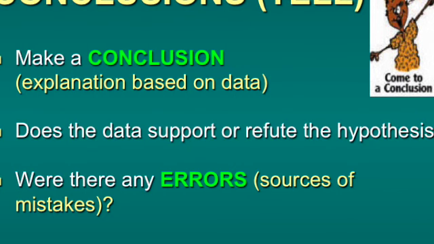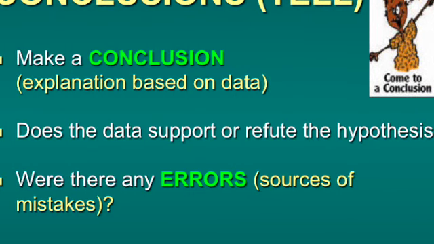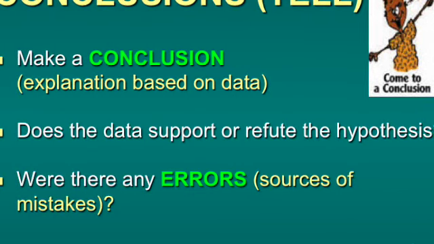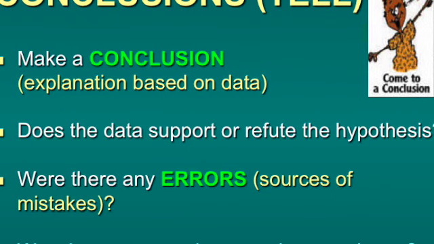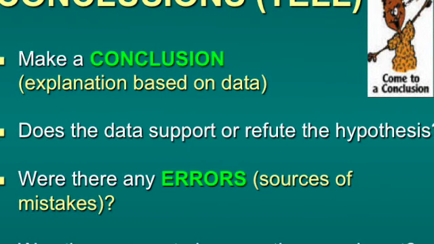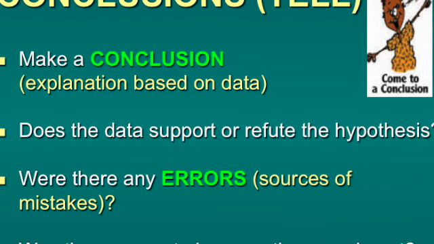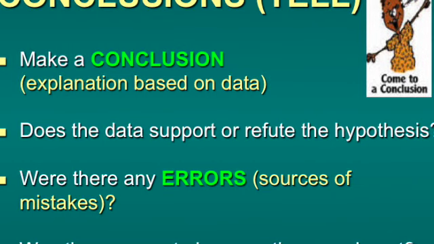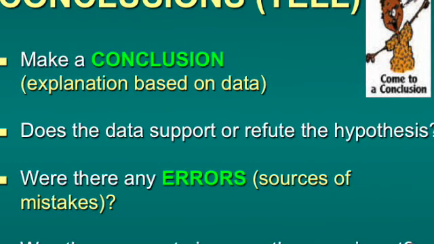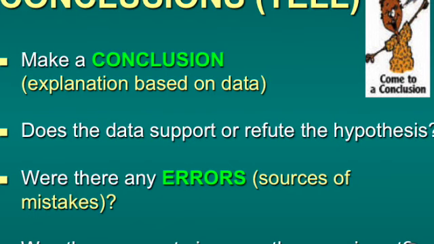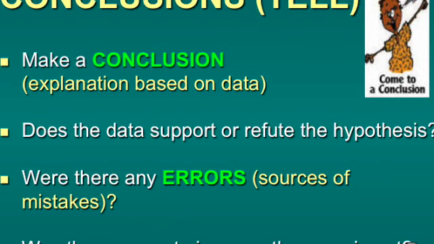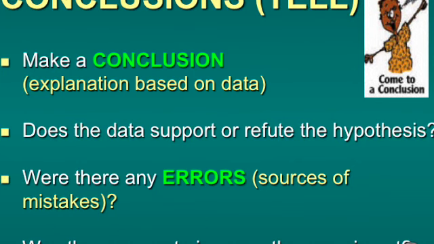The next thing you want to identify is any errors. So if you're using an instrument that maybe wasn't calibrated correctly, or anything that might cause a discrepancy in your data or cause it to look very inconsistent, you want to identify and explain those errors.